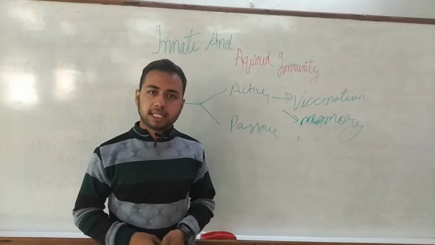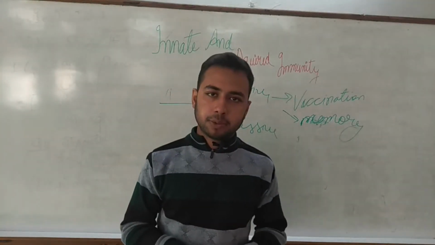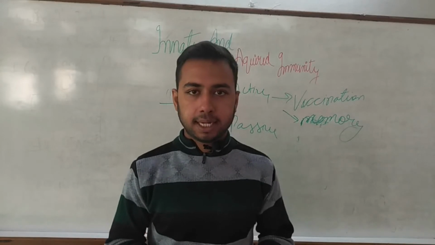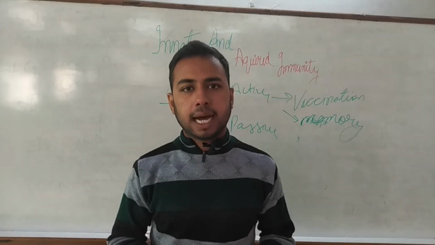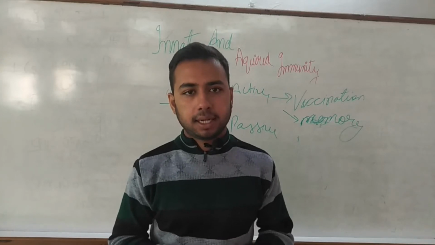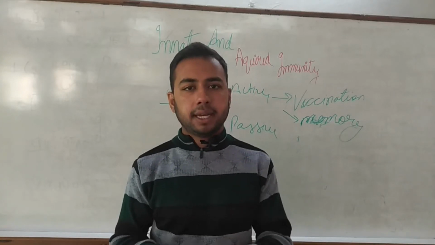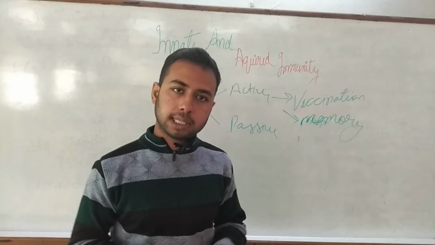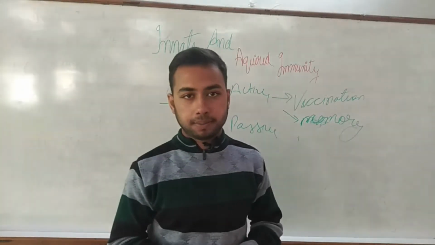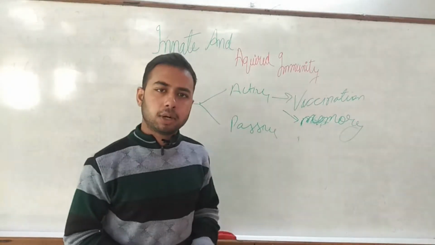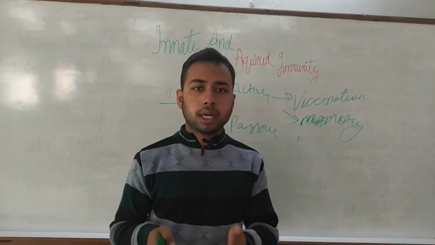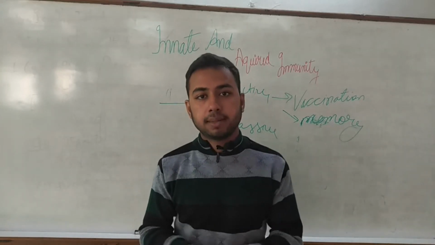What does passive immunity stand for? Passive immunity is the immunity which we get from another person. For example, we get IgG antibody from our mother through placental transfer, and IgA antibody from the colostrum, the milk, during the lactation period. We also get some immunological serums.